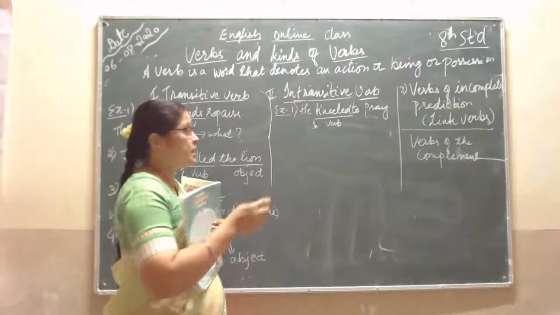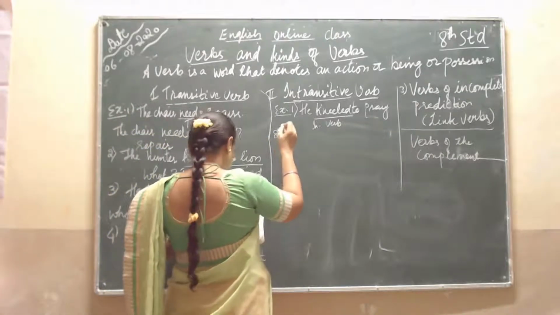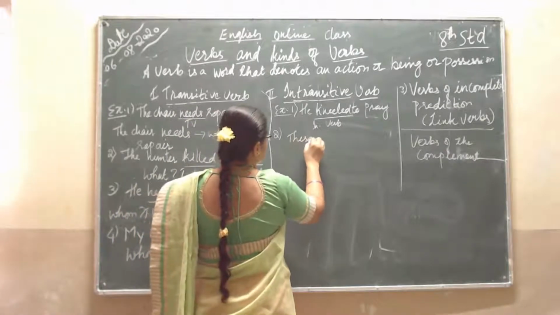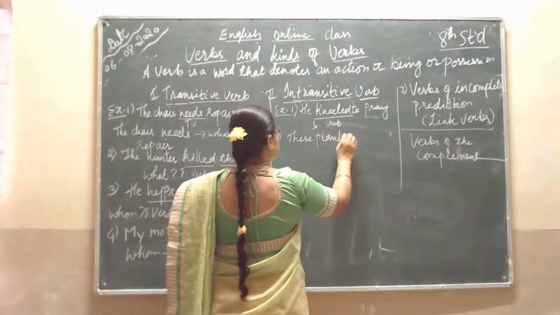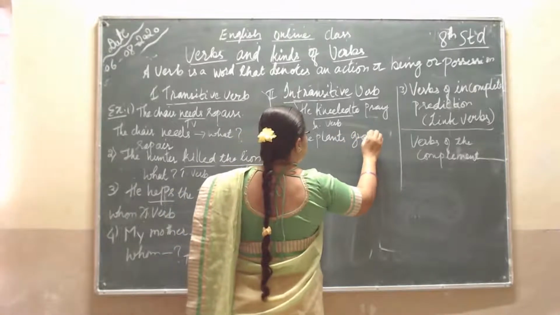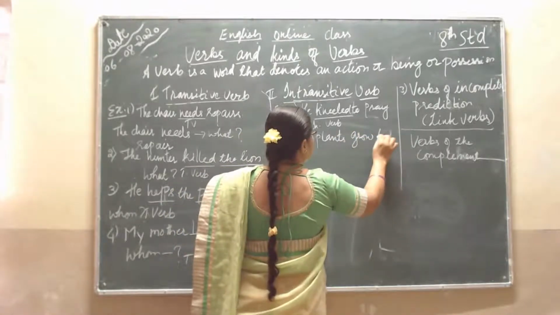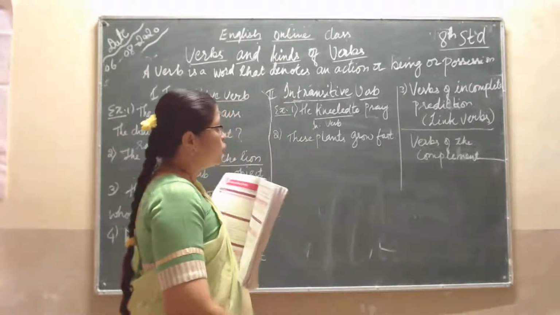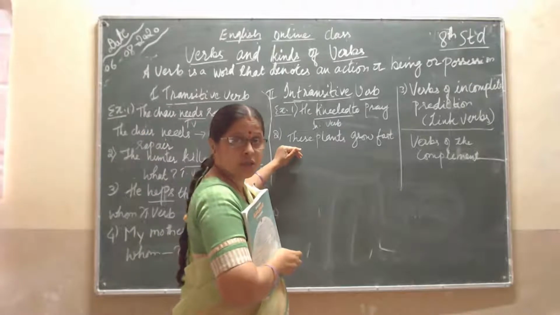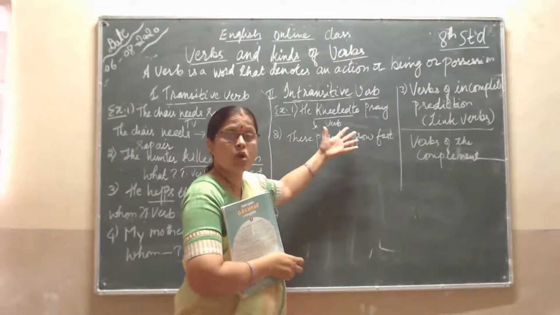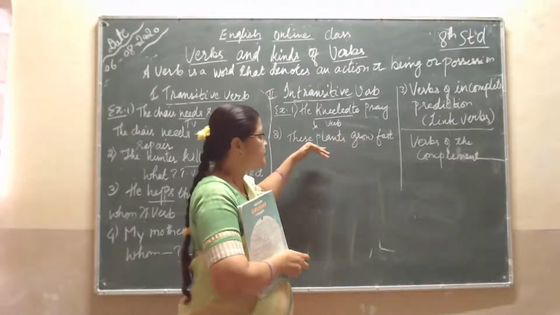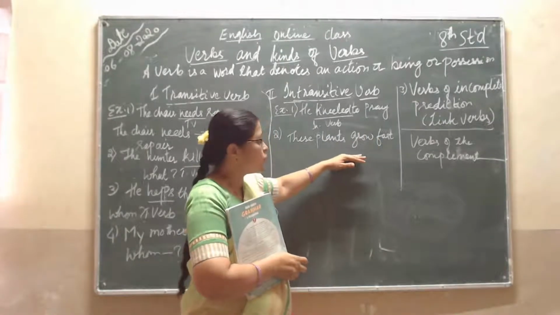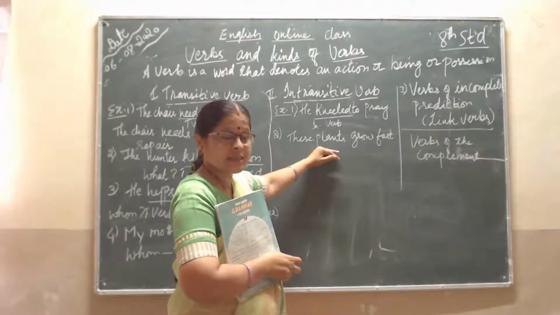So the next example is: these plants grow fast. Now, we can't frame a question here. These plants grow what? These plants grow whom? We are not getting a perfect answer. So here there is no object in this sentence.